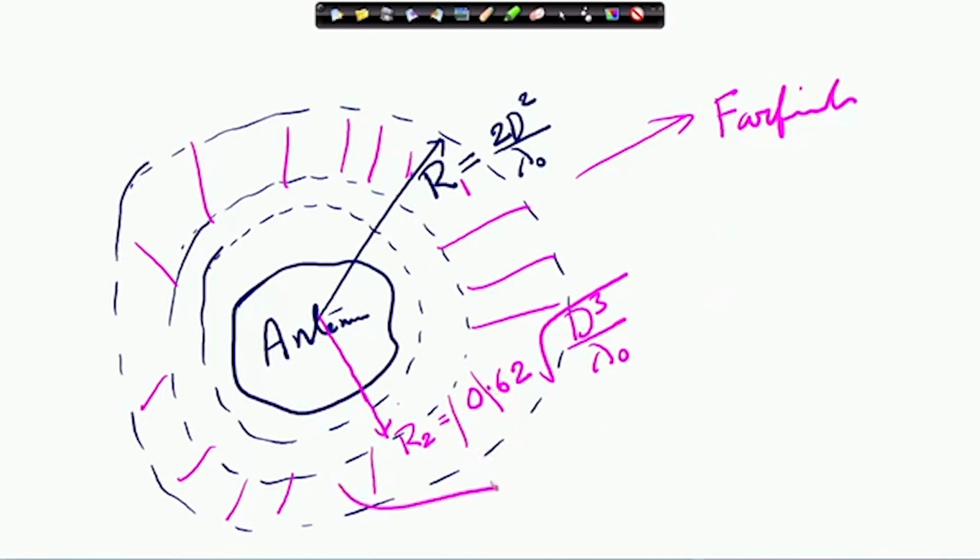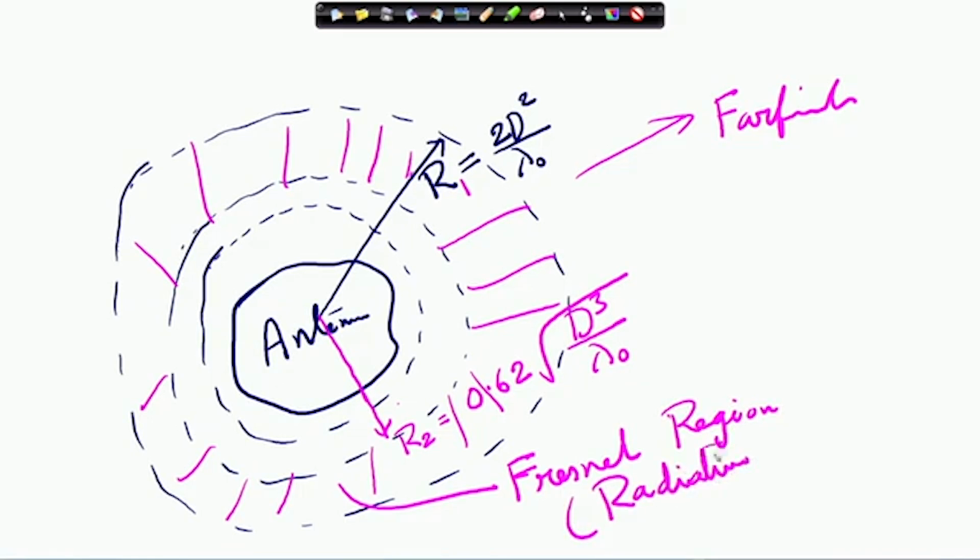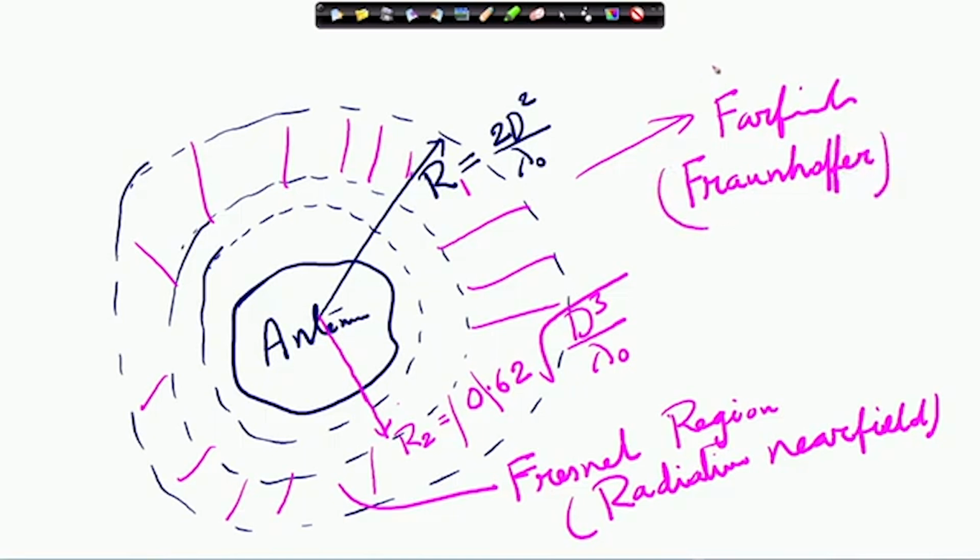Like the far field, which is also called the Fraunhofer region, after the scientist Fraunhofer, or radiating far field.